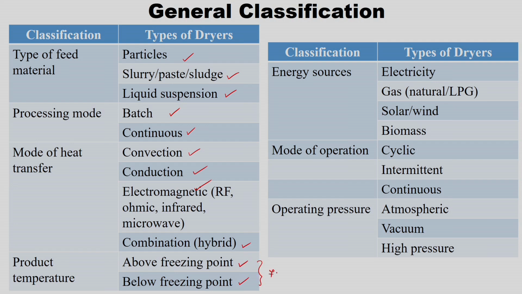This comes in freeze drying. Okay, we have seen this is sublimation, and above freezing point is nothing but evaporation. And based on energy source, electricity, gas, solar, wind, biomass; based on mode of operation, cyclic, intermittent, continuous; and based on operating pressure, atmospheric, vacuum and high pressure.